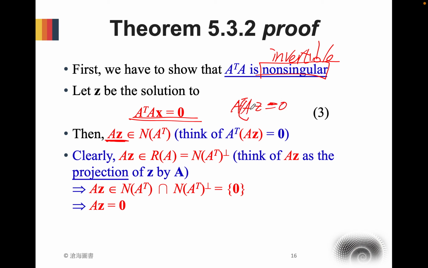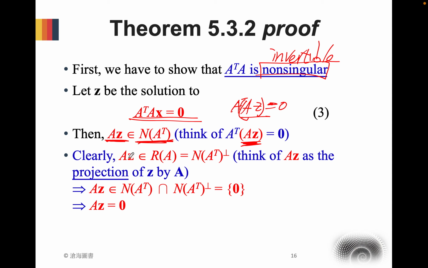If we consider these two together, A z is someone, and A transpose times someone equals the 0 vector. That means A z is in the null space of A transpose. So A times z is in the null space of A transpose.